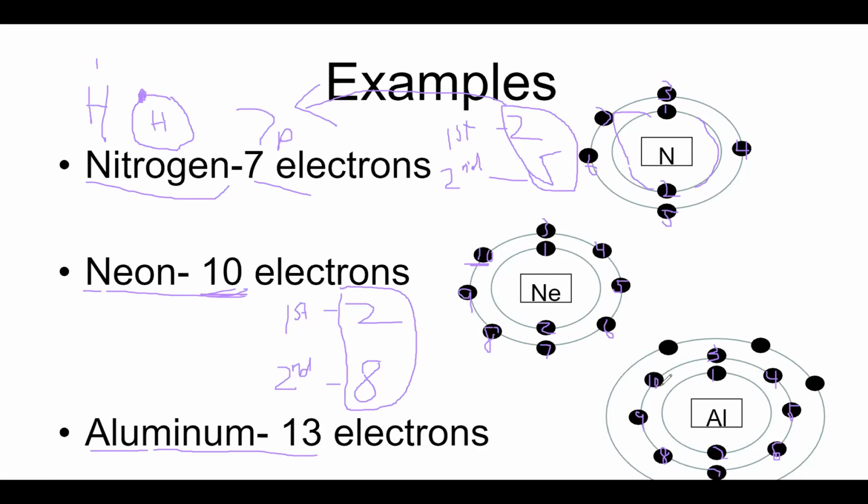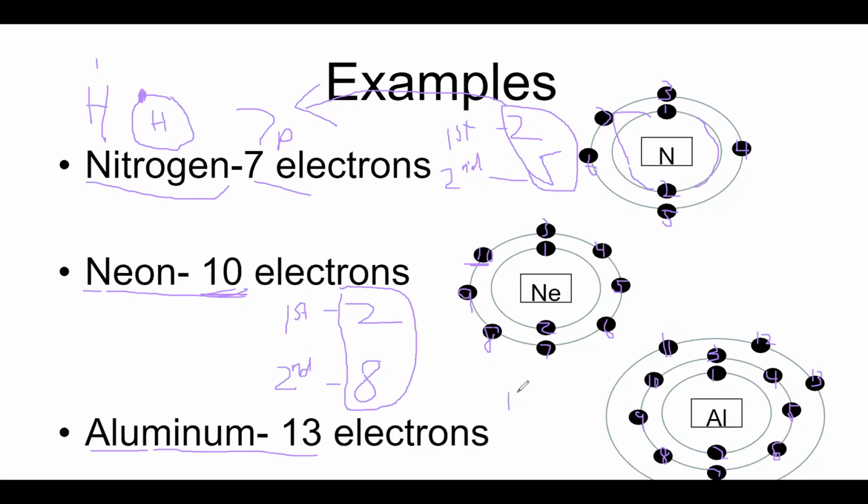But 10, as you may realize, is still smaller than 13. We have 3 electrons left over, so those will go out on shell number 3. So 11, 12, and 13 go on the 3rd shell.